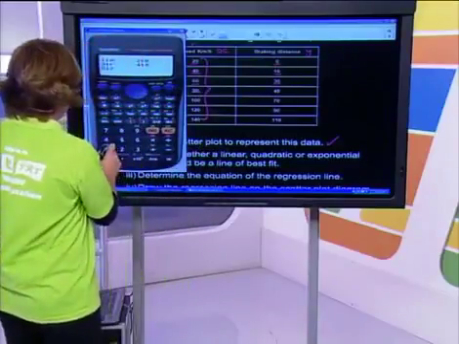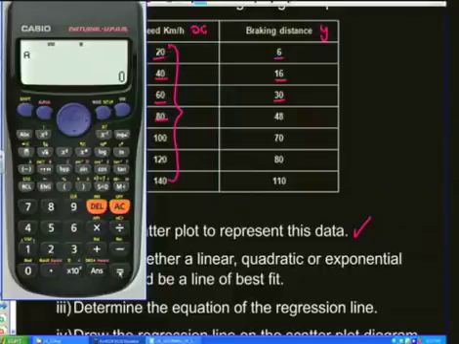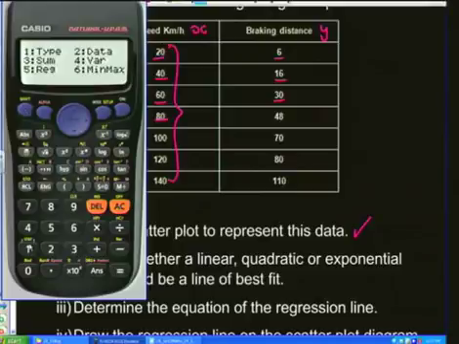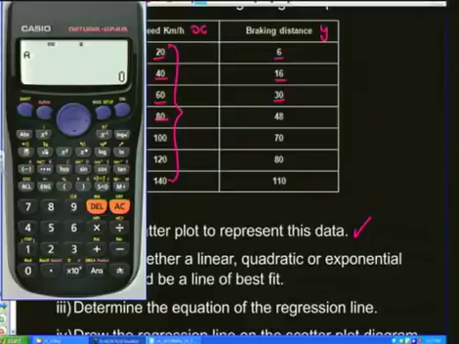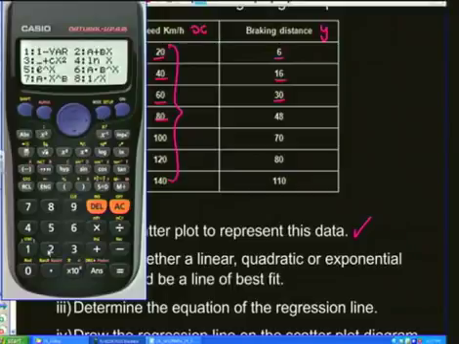So let's press 1 equals, and, oh dear. Let's see, AC Shift 1, let's go back to there. 1 equals, no. Okay, let me quickly type in the values again. We had 20.